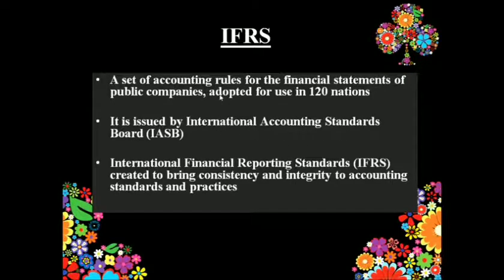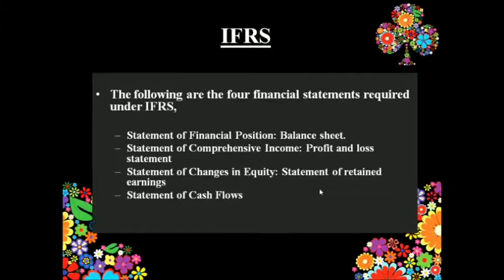So it is again a set of accounting rules that guides companies to financially present and prepare the data. GAAP is generally used in US companies, while IFRS is adopted by roughly 120 nations across the world. Even this ensures consistency and integrity in accounting practices and standards.